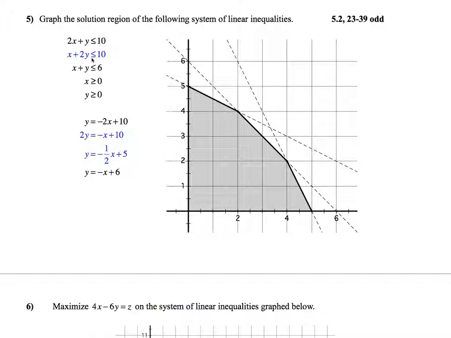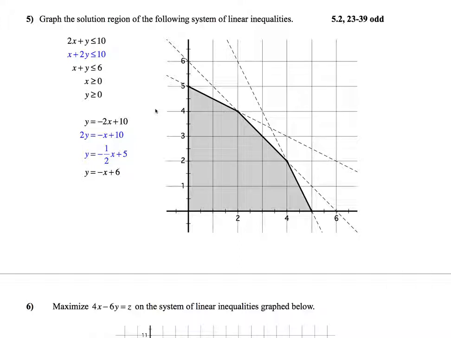Now, the first inequality, though, I subtract 2x from both sides. That gives me y equals negative 2x plus 10. Since the y-intercept is not shown on this graph, you might want to use the intercept method to plot this one.